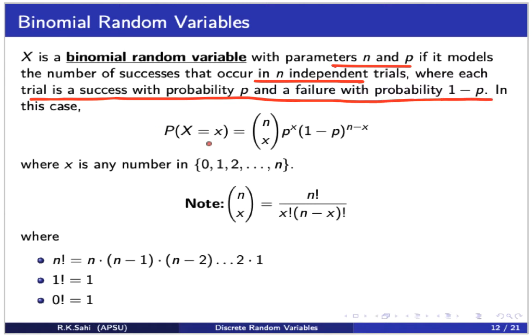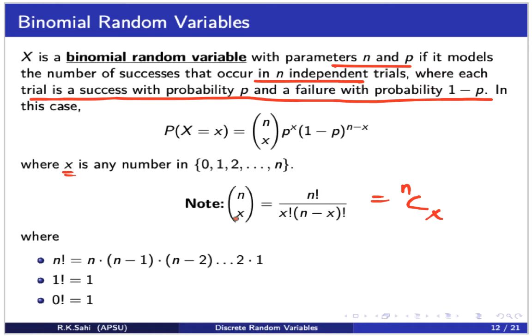So the formula for this probability is n choose x, times p, the probability of success, to the power x, times 1 minus p to the power n minus x. This x is the possible values your random variable can take.